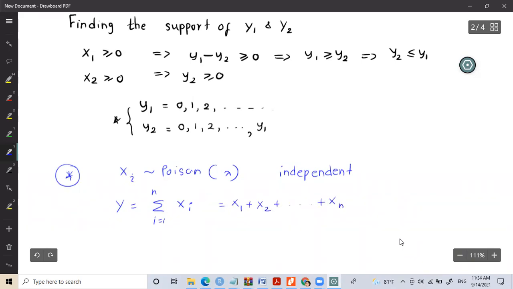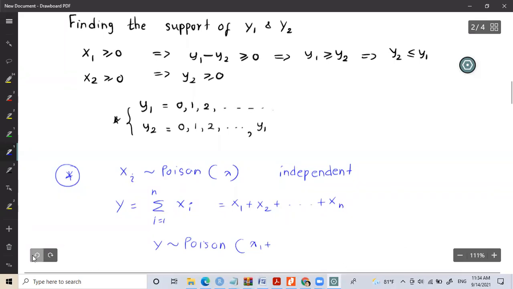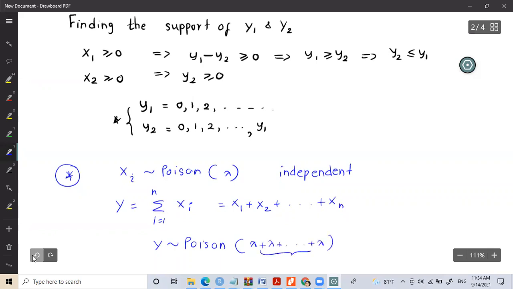So y is the sum of x1 up to xn. If all these xi's are independent and they have the same parameter lambda, we can show that y will also have a Poisson distribution. And the parameter will be the sum of these parameters. So lambda plus lambda, how many times? n times. Which means it will be Poisson with parameter n times lambda.